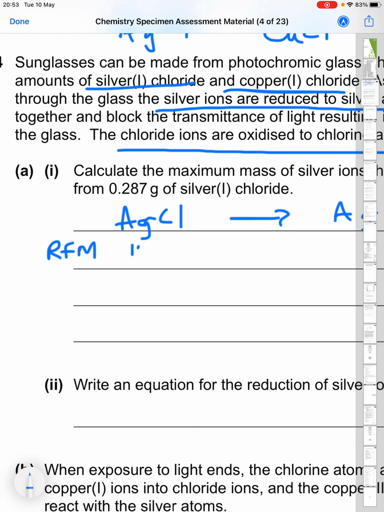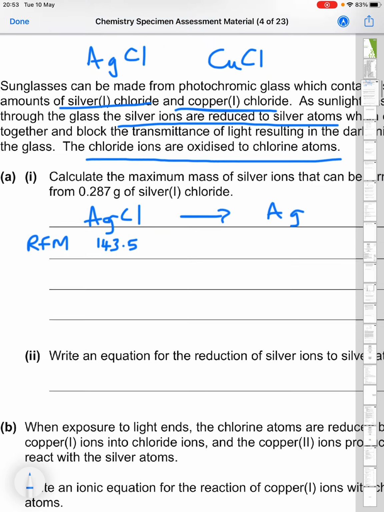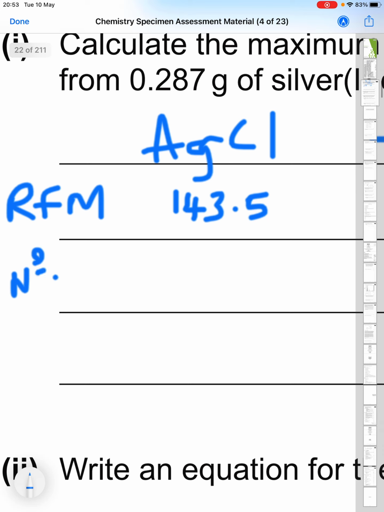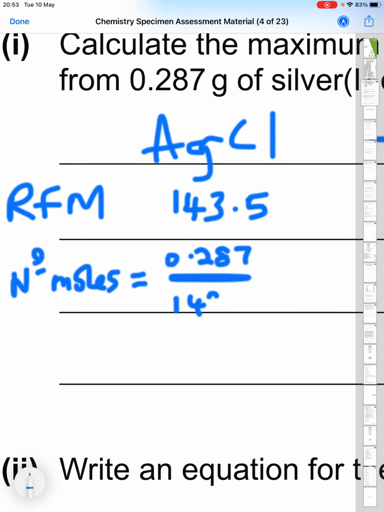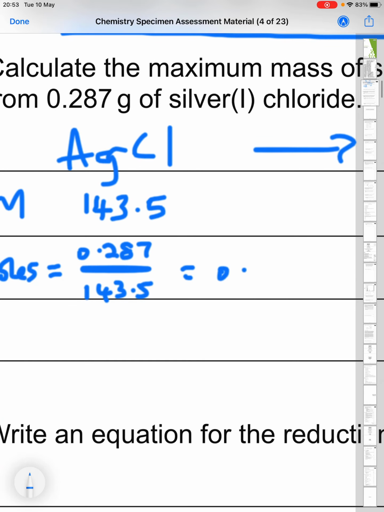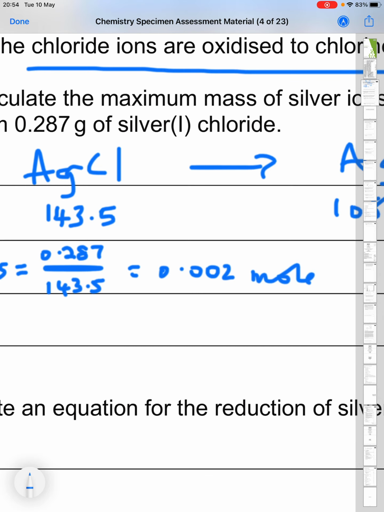Chlorine is 35.5, so that gives us 143.5. Your number of moles is mass divided by the formula mass, so that is 0.287 divided by 143.5, and that gives 0.002 moles.